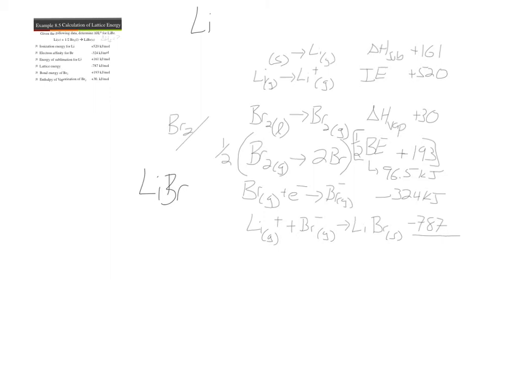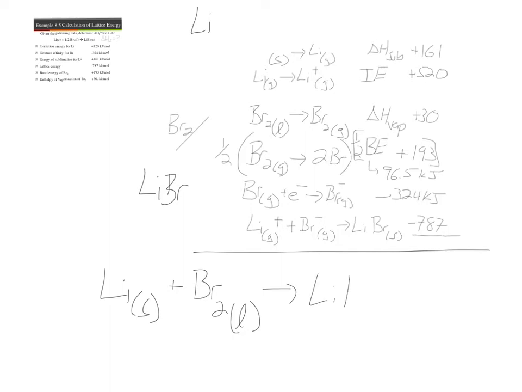We have all of our energies here, and they are going to add up. This equation is going to give me my formation equation, and the formation equation is what we did above. We started with lithium solid. We started with bromine liquid, and we got LiBr solid. And the heat of formation of this equation is now going to be all of these terms added up.